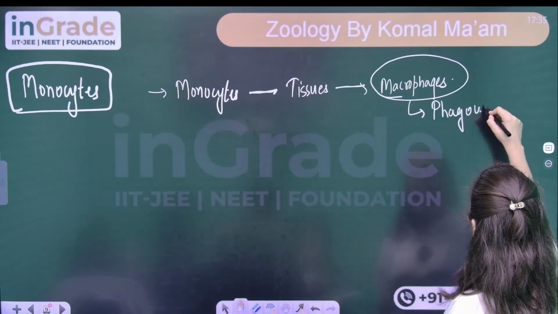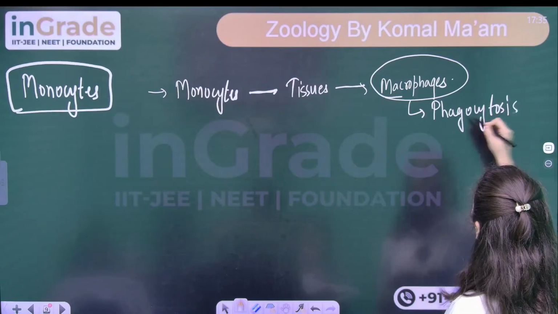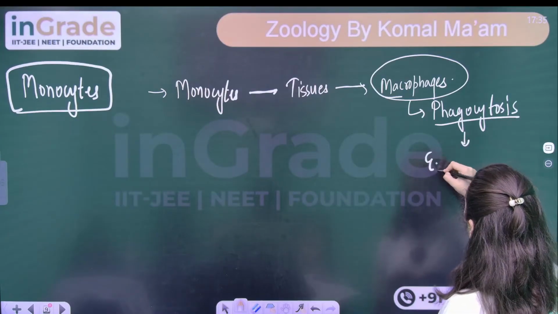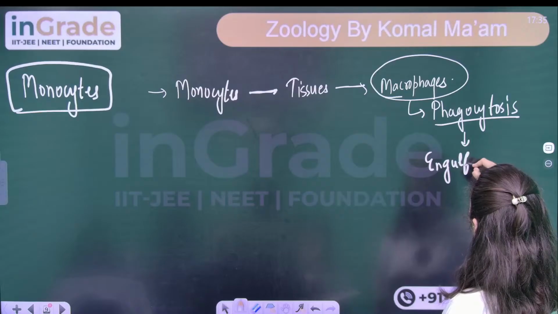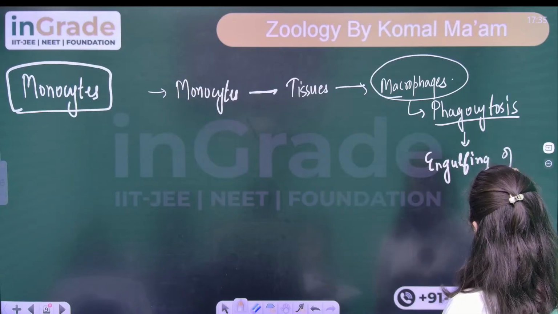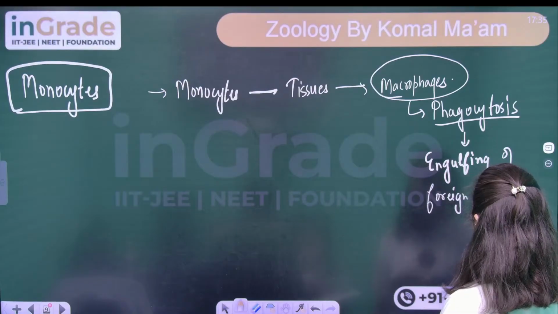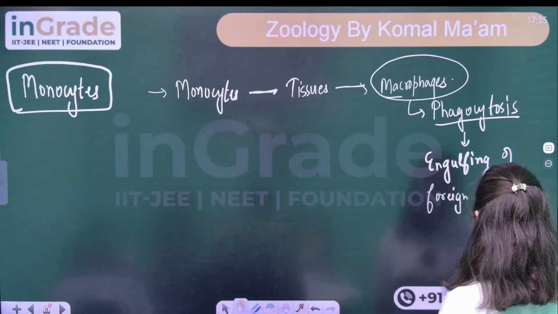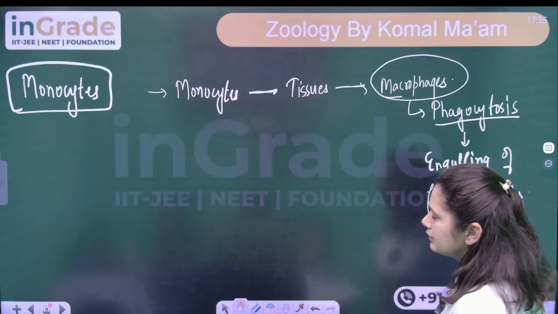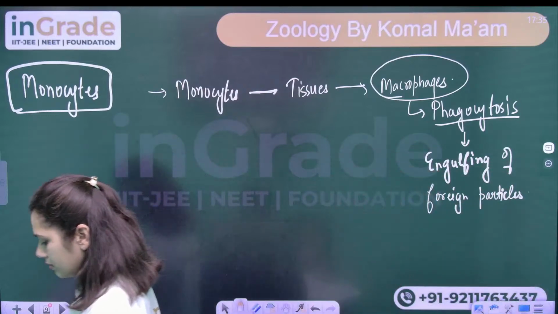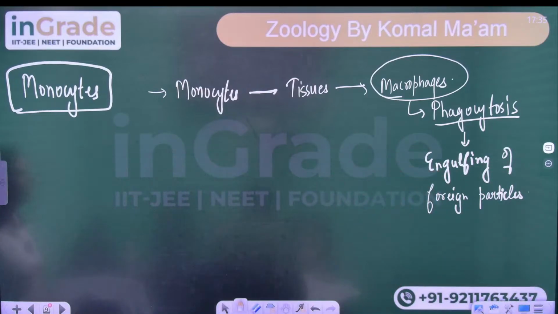What is phagocytosis? Phagocytosis is basically engulfing of foreign particles. Okay, class.